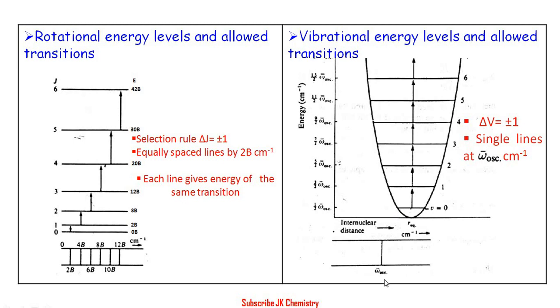So for every transition you can have only one band having energy omega oscillation, a single line at omega oscillation centimeter inverse. In rotational spectroscopy you can have different transitions having different energy, but here all the allowed transitions have a particular energy, that is omega oscillation bar. So that is another important comparison.